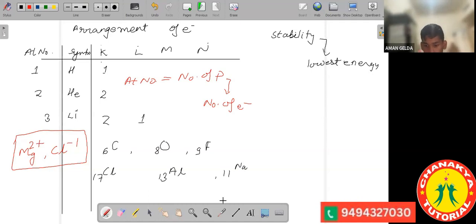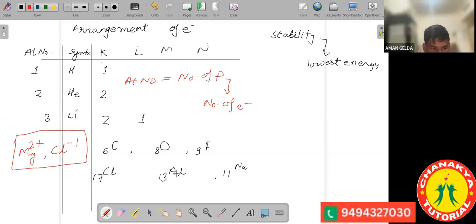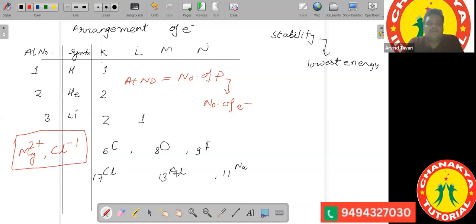Aman has sent for carbon, oxygen, fluorine, and aluminium. Siddharth has also sent for aluminium.